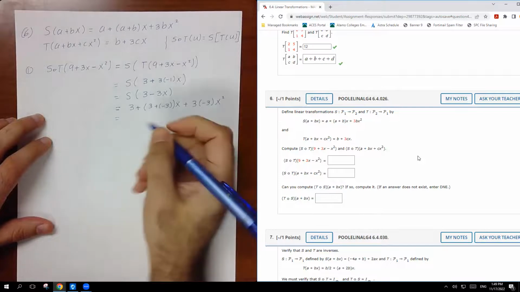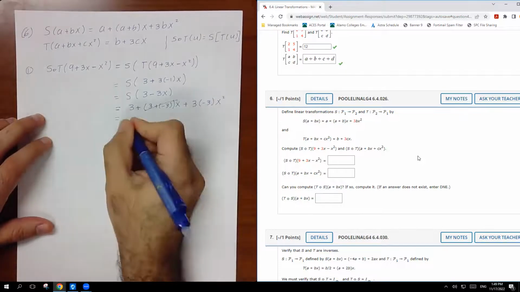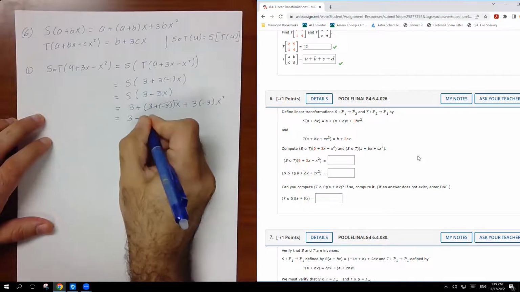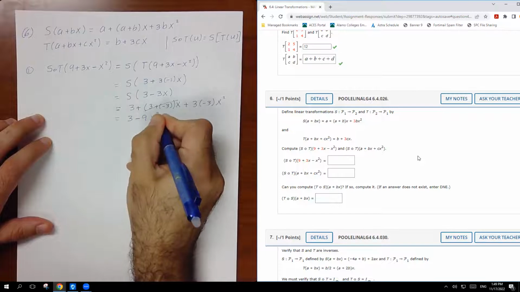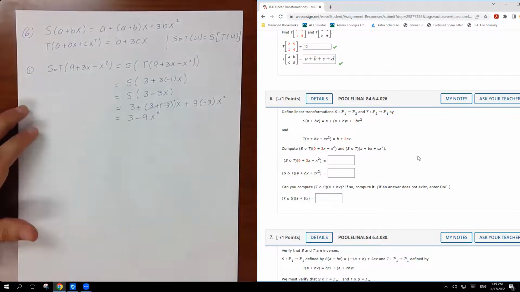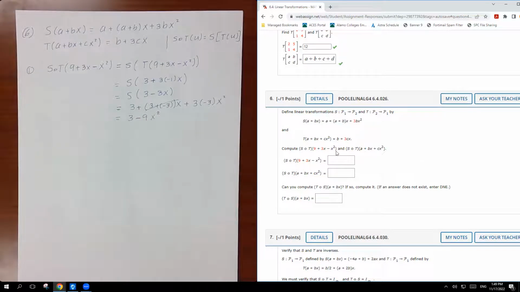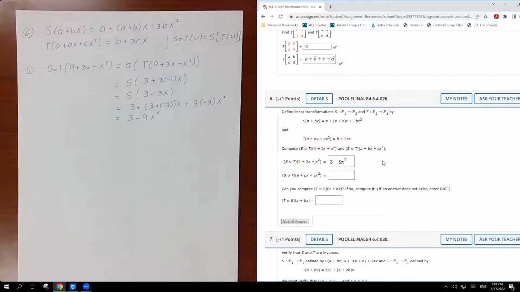The result is going to be, this one is 0. So it's going to be 3 minus 9X squared. That means the first part, S composite with T, is going to be 3 minus 9X squared. I'm done with the first part.